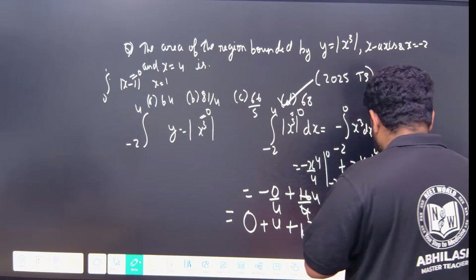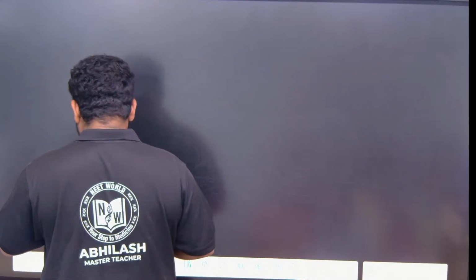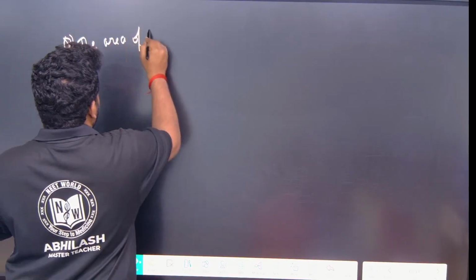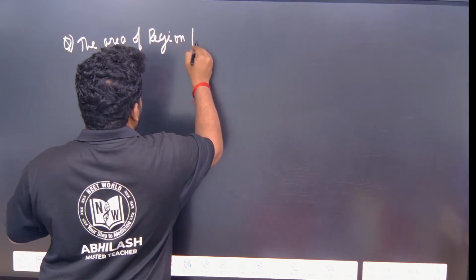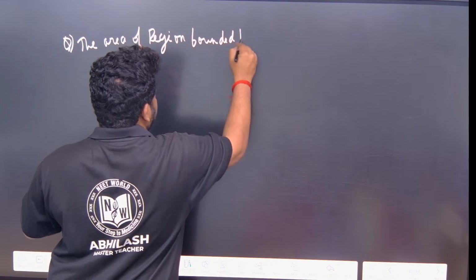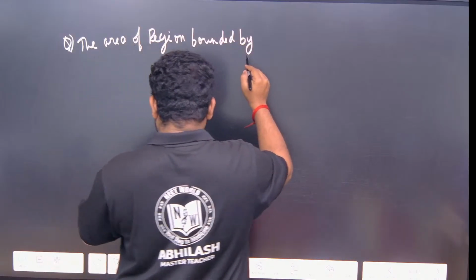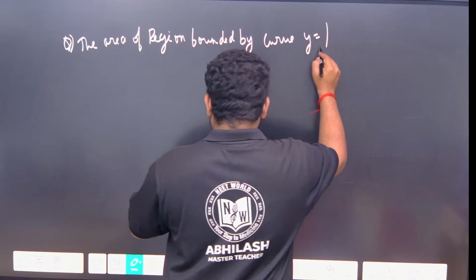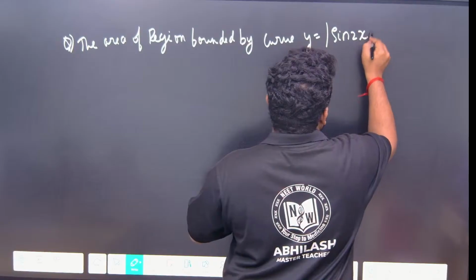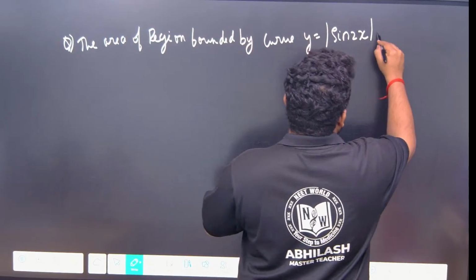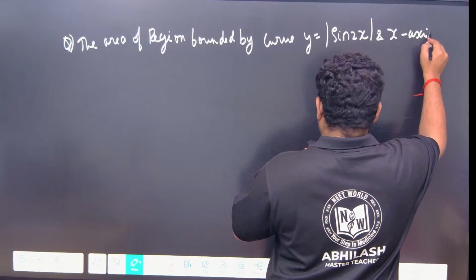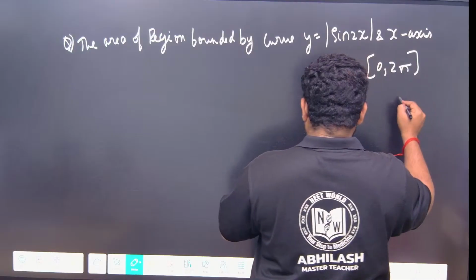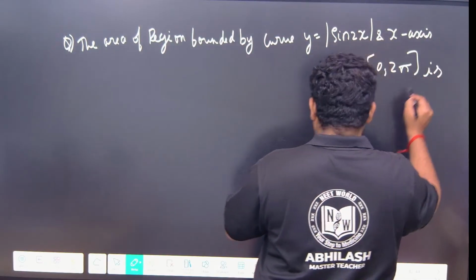Now you take up the question for your practice. The question is: the area of the region bounded by the curve y equals mod sin x and the x axis in the interval 0 to 2 pi.